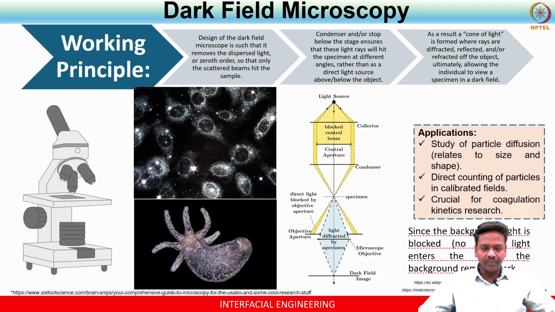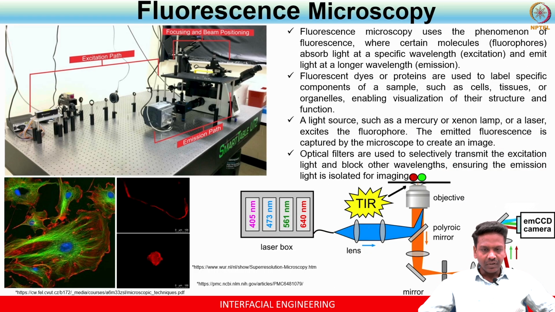So the fluorescent microscopy that we talk about has a magnifying power lens and a light source, that is basically a mercury or xenon lamp. Unlike the bright field microscopy, you will have to use a mercury or xenon light source.